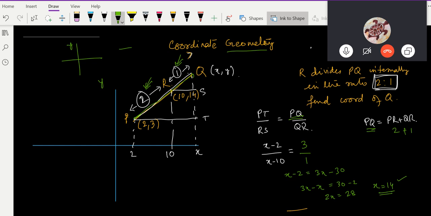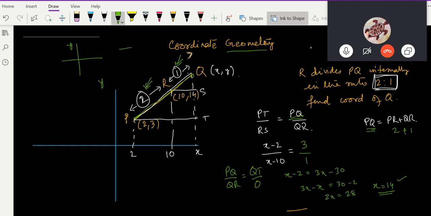So now we have found x. How can we find y? Same logic. PQ upon QR is equal to QT by QS.